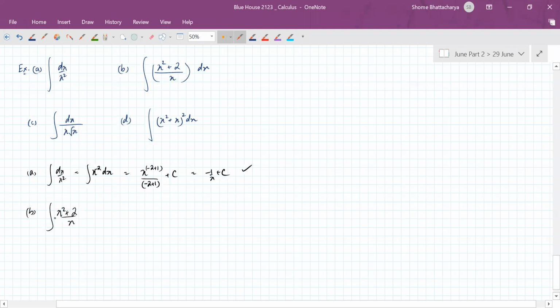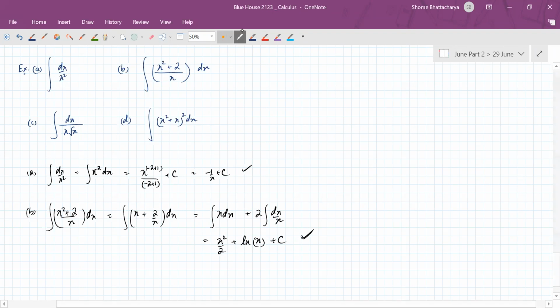This one we would need to simplify a little bit first. So we'll express it as x plus 2 by x, and then remember that this is the -1 power, so this is the exception case. So this is the answer for the second one. Oh, sorry, there's a 2 outside, my mistake.